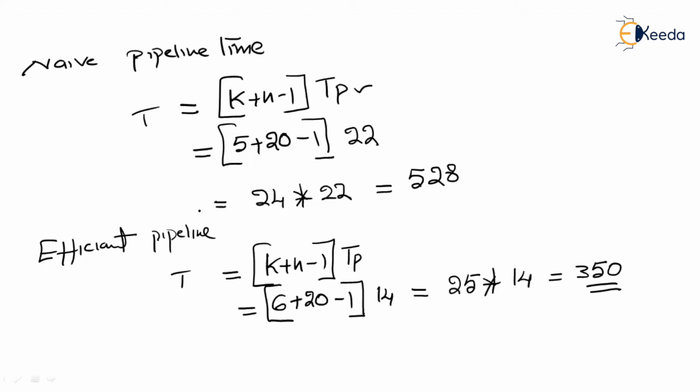Naive pipeline time is equal to 528. So speed up is equal to naive pipeline time divided by efficient pipeline time, right? Speed up is equal to 528 divided by 350.